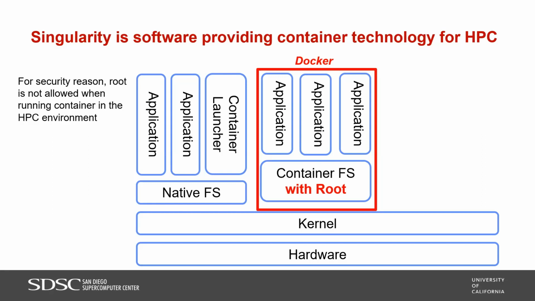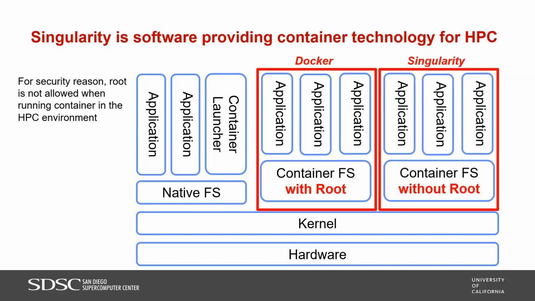So that's why we choose Singularity as our HPC container. In the Singularity container, you don't have root permission, so you can just use the container as an HPC user.